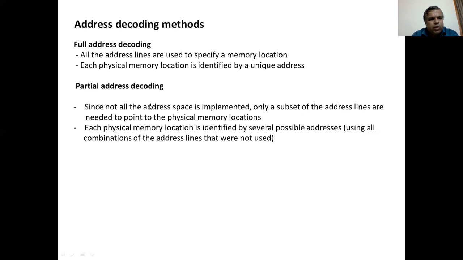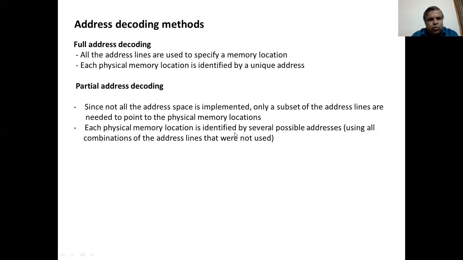So what is partial address decoding? Here, only a few address lines are needed to point to the physical memory locations. Not all the address space is implemented. Only a subset of the address lines are needed to point to the physical memory locations.